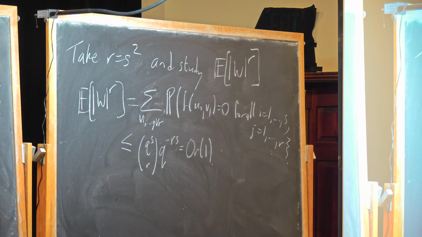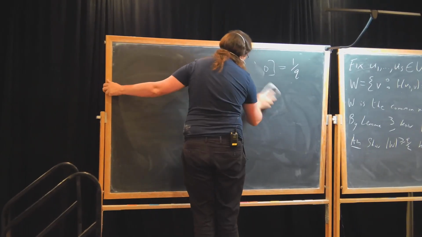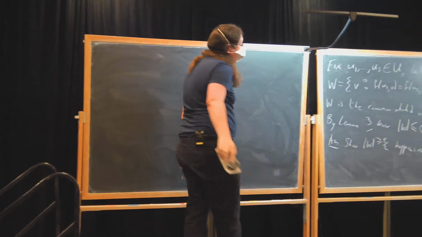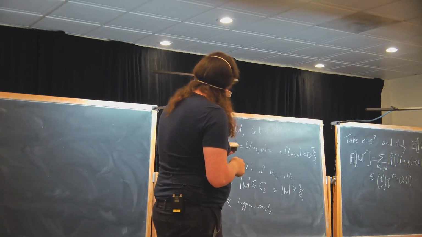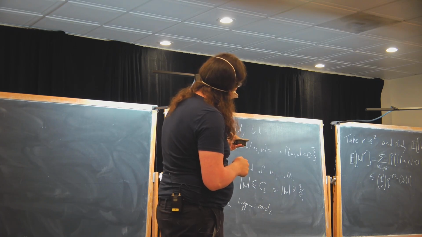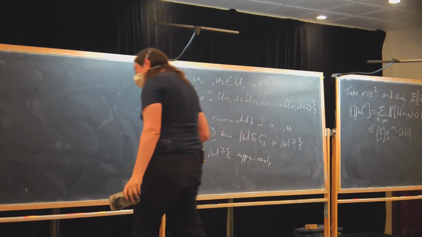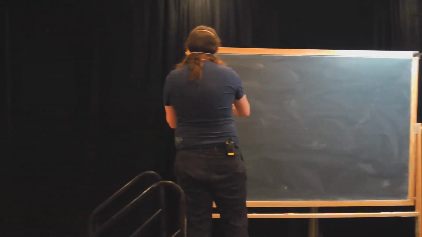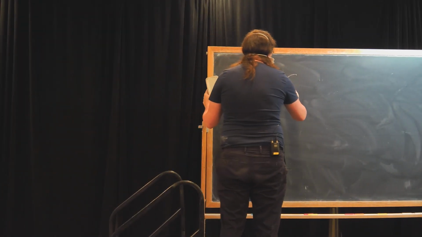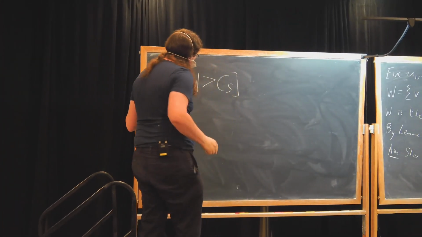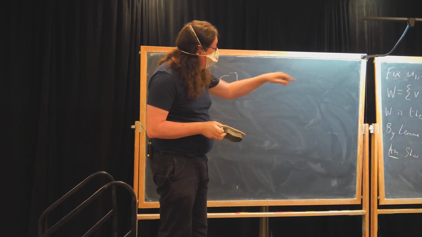All right, so knowing that, there's actually a fairly simple calculation that finishes. What I'm interested in is the probability that this doesn't hold. So the probability that W is bigger than this constant depending on S is, well, if it's bigger than this constant, then it's actually already bigger than Q over 2.